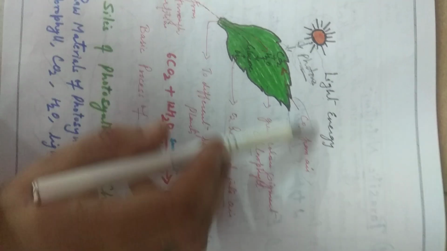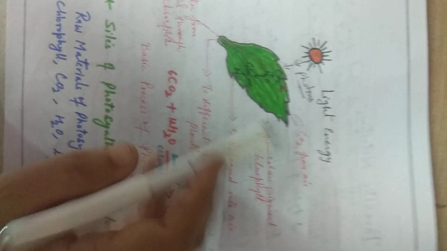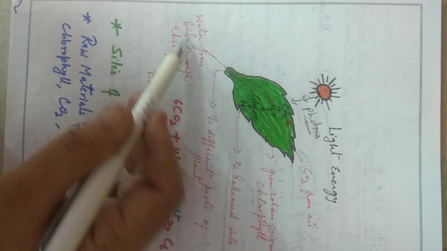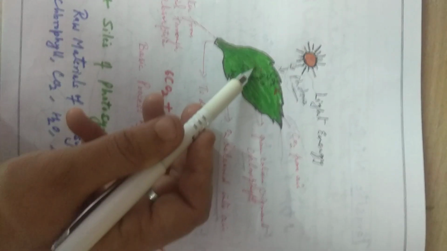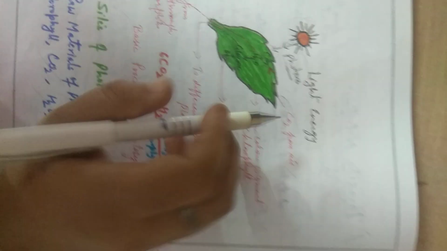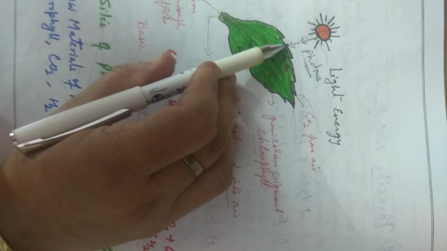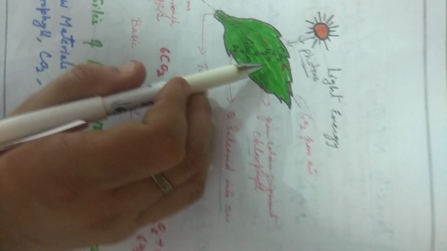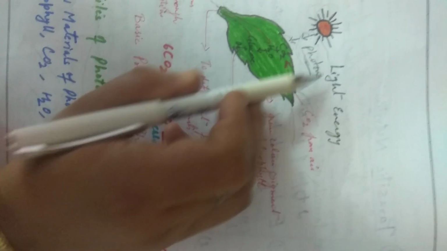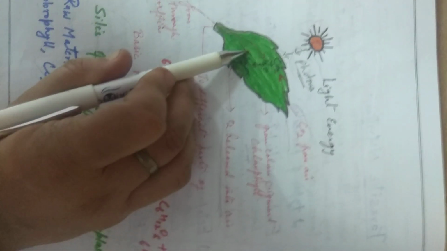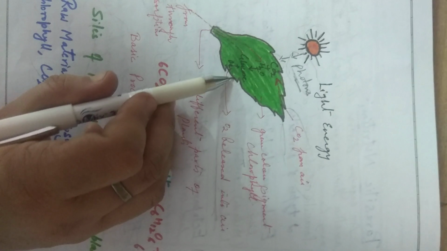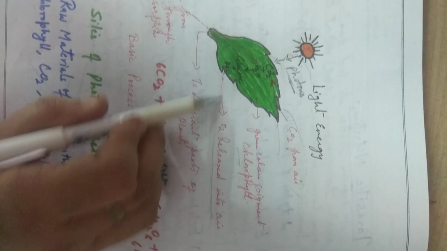Carbon dioxide is coming from the air, from the atmosphere. Water is absorbed from the soil and comes to the leaves through the xylem tissue. Now, this carbon dioxide combines with water in the presence of these photons to form glucose, and oxygen is released into the air.